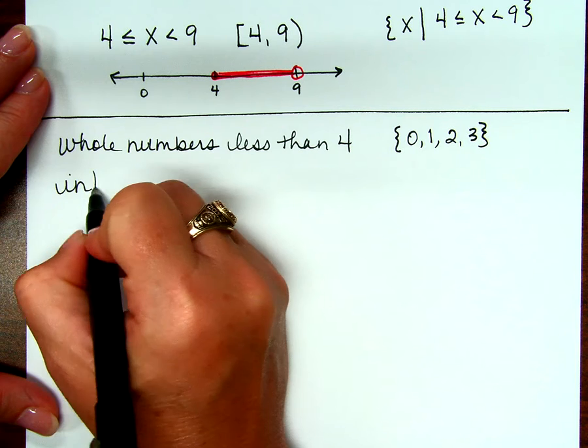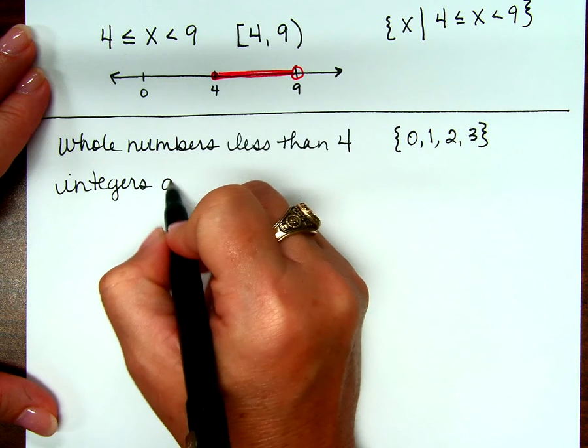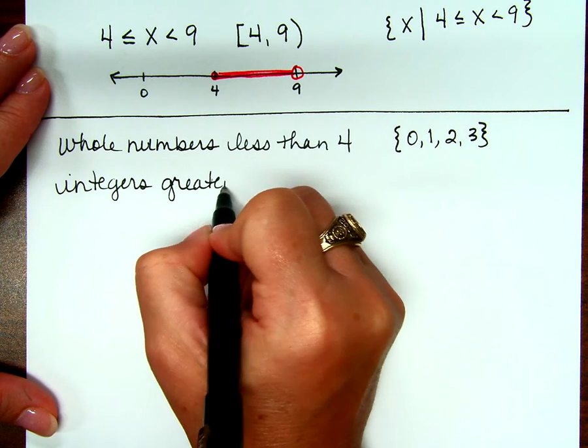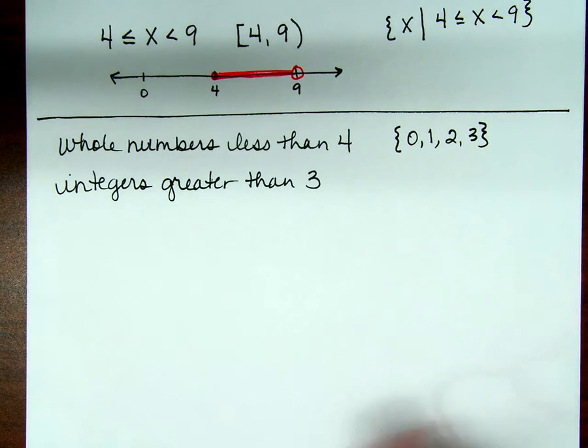Write me the set of integers greater than 3. What's the lowest integer greater than 3?